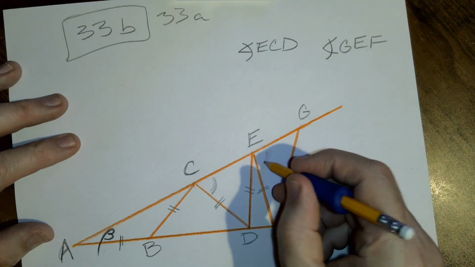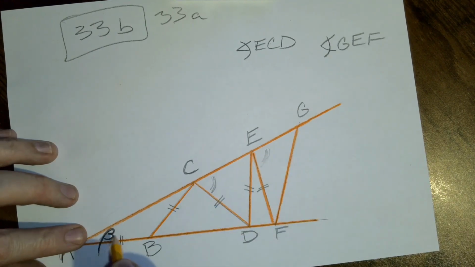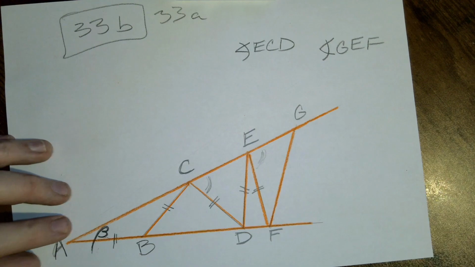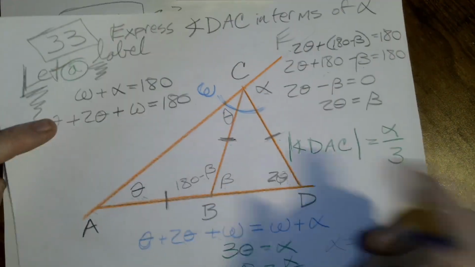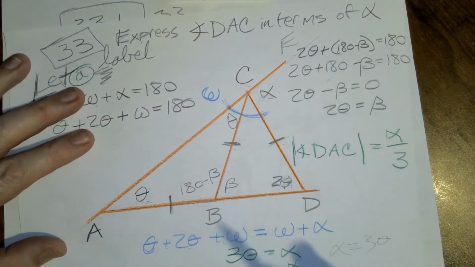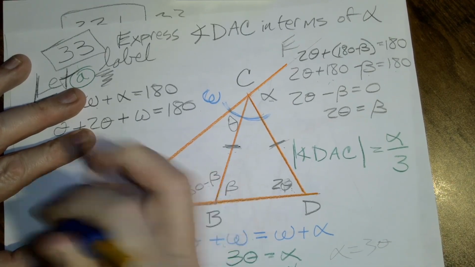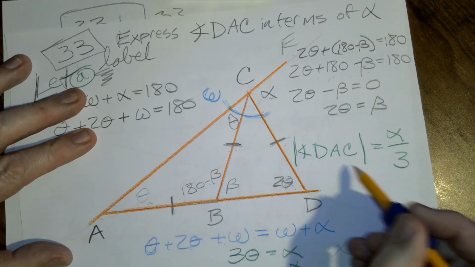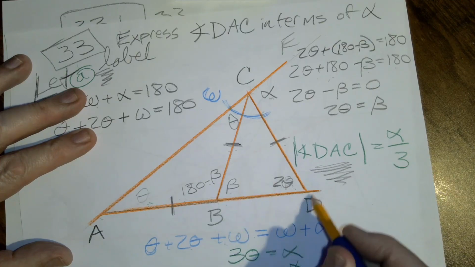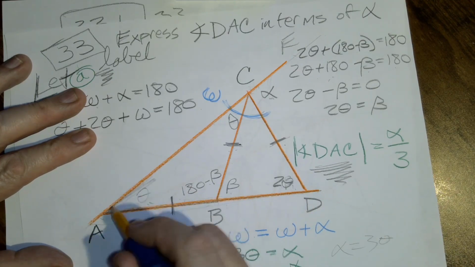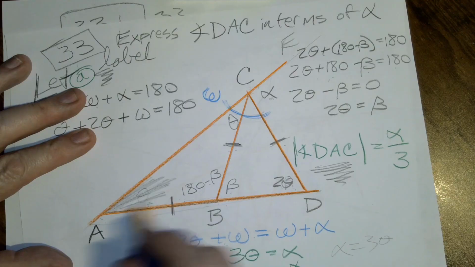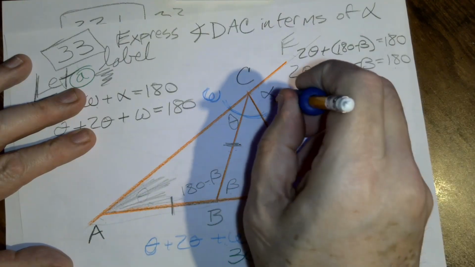Let's go for those two angles in terms of beta. Right here, you're asking for this angle here, which I call theta, but what angle DAC, this angle. You wanted this angle in terms of this angle.